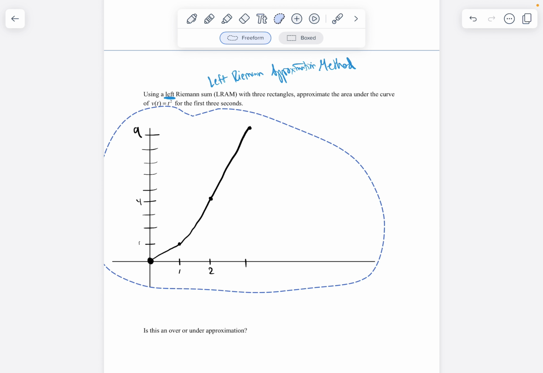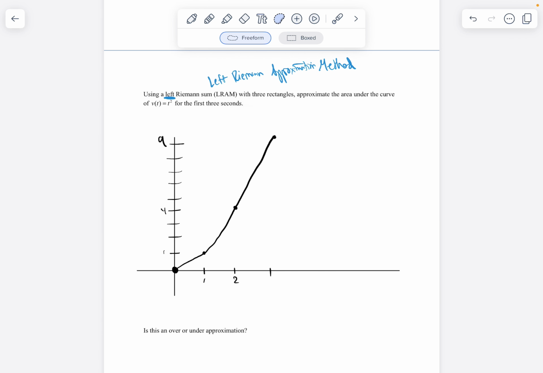I'm going to have the same graph as last time, just like this, where it has the curve of t squared, and it goes from 1 to 2 to 3. But now, this is where it gets a lot of fun. I want to make rectangles where the left corner of the rectangle touches this curve. Okay?